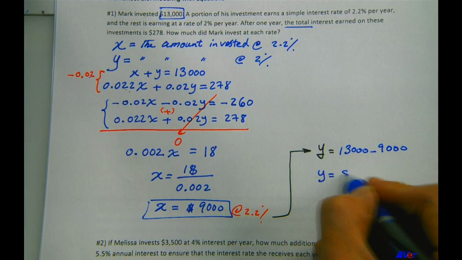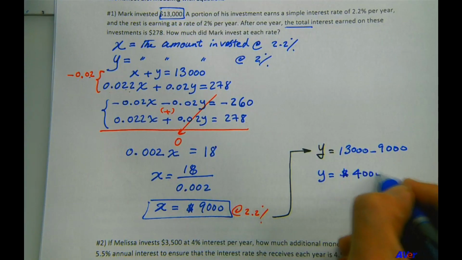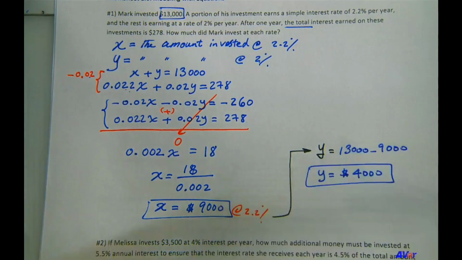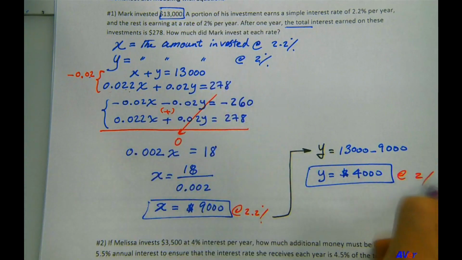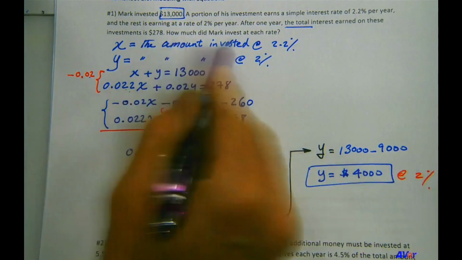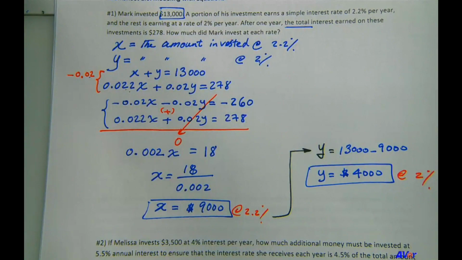Y is equal to $4,000, and that is the money that was invested at 2%. Okay, which answers how much did Mark invest at each rate.